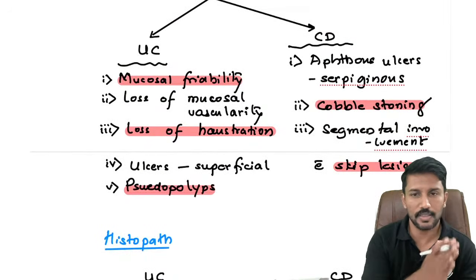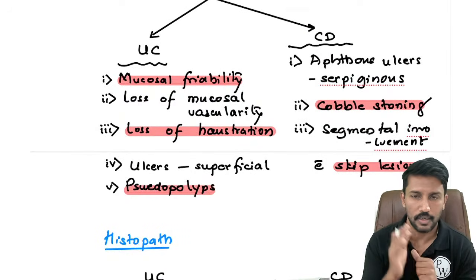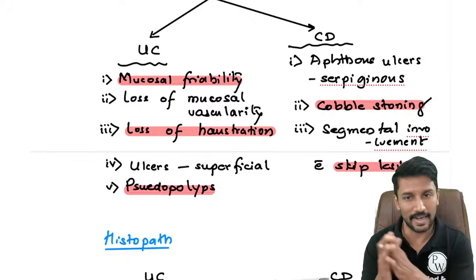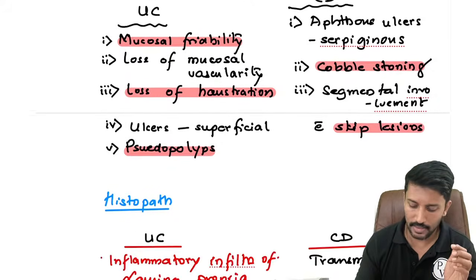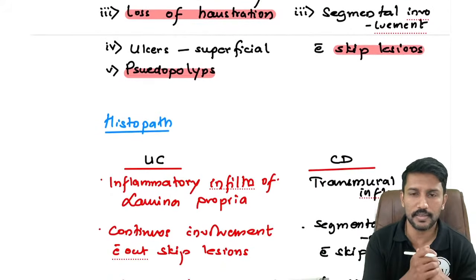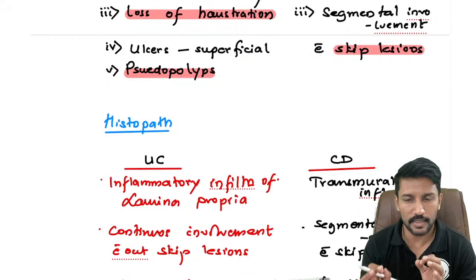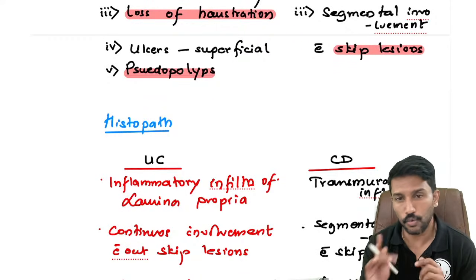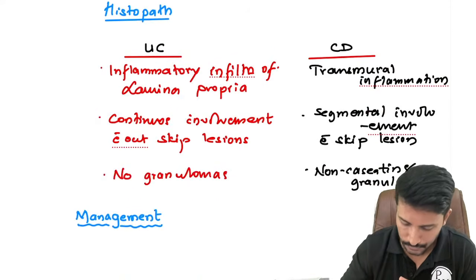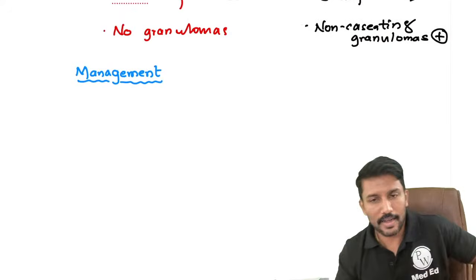In Crohn's disease, biopsy shows full thickness inflammation with segmental involvement, skip lesions, and granulomas. In ulcerative colitis, there is continuous involvement, no skip lesions, inflammation restricted to the lamina propria with just lymphocytic infiltration, and no granulomas. So with this, our diagnosis is established.